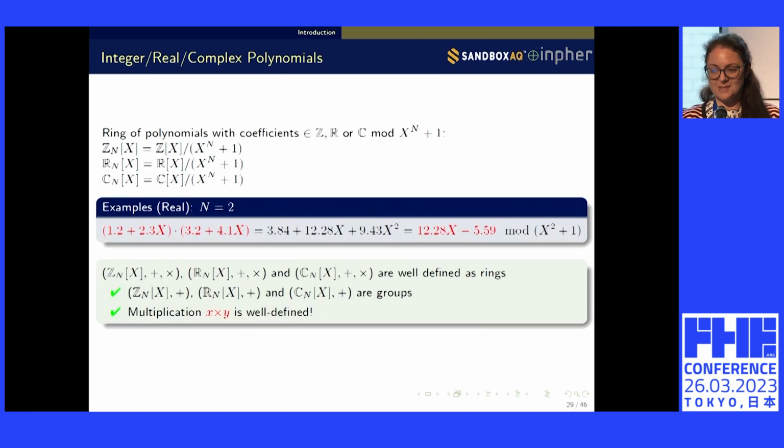Okay, starting first with some definitions. We define the rings of polynomials with integer, real, and complex numbers, and they are well defined as rings. Why? Because they are groups, and also the multiplication is well defined here.